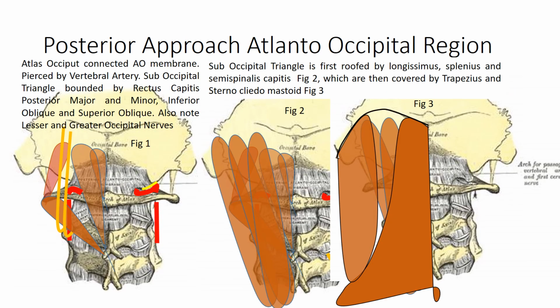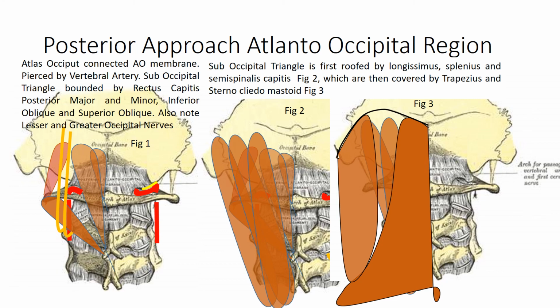Here is the posterior approach. First you see the atlas and the occiput joined by the posterior atlanto-occipital membrane. Now it has a notch, and you see the vertebral artery entering through the foramen transversarium of the atlas, curving around and going into this notch, and the first cervical nerve emerging from it.